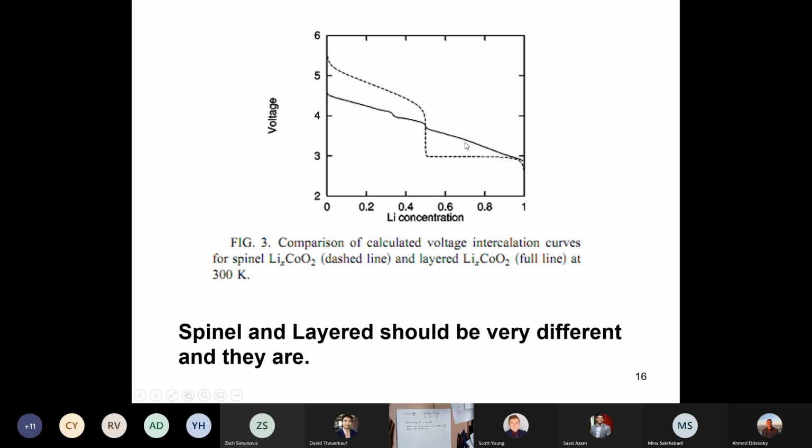And for some systems, maybe the agreement between the theory and experiment can be better. But don't think that a computer is going to take the job of an experimentalist away in terms of accurate voltage curve determination. It's not going to happen.